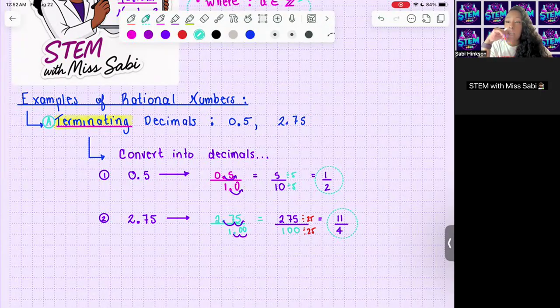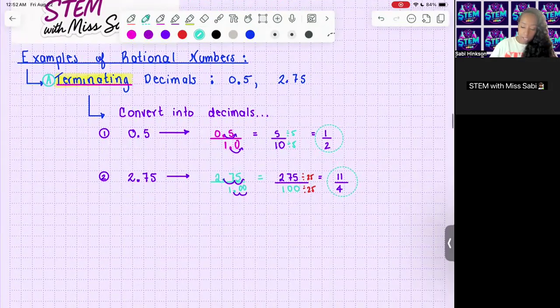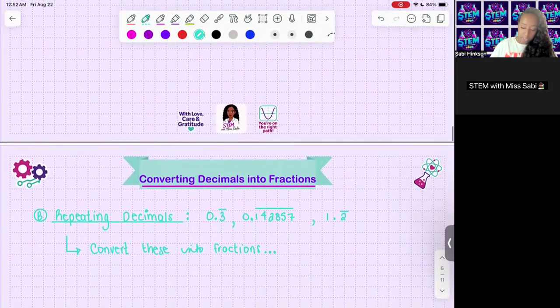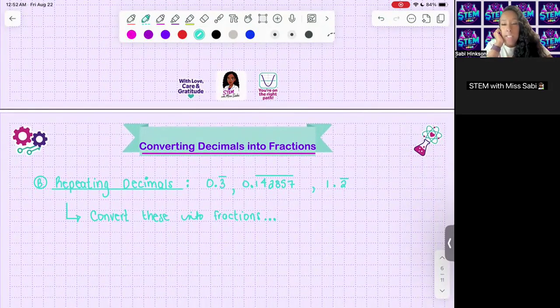But unfortunately, as you've seen on your calculators and you've encountered before, there are situations where you have a decimal that is repeating. Okay, so it doesn't end, it just has a pattern that repeats over and over and over again.